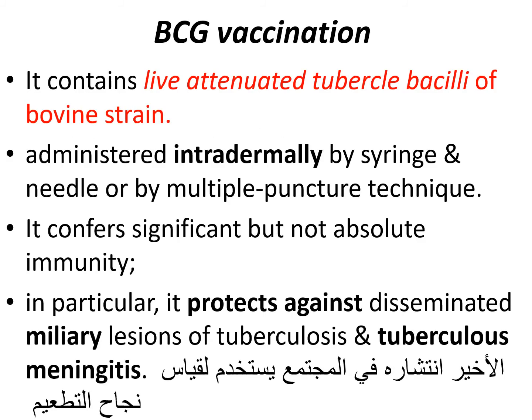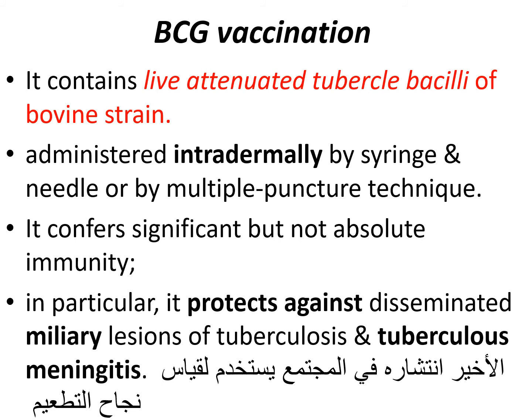BCG vaccination contains live attenuated tubercle bacilli of bovine strains, administered intradermally by searing and needle or by multiple puncture technique. It confers significant but not absolute immunity. In particular, it protects against disseminated miliary lesions of tuberculosis and tuberculous meningitis.